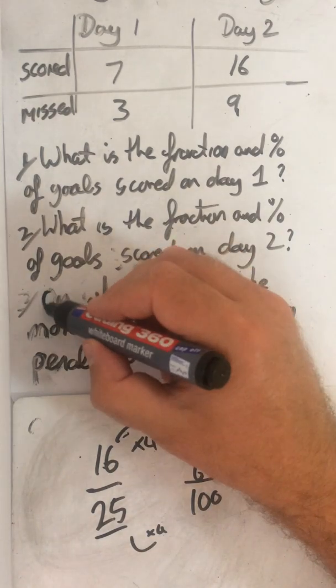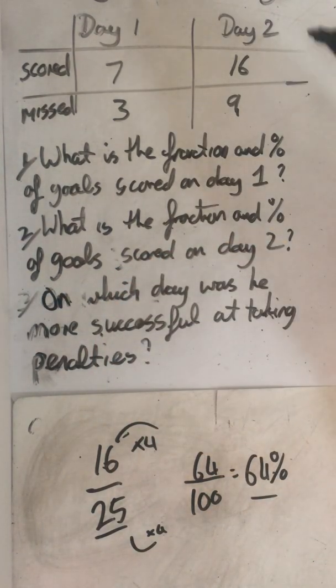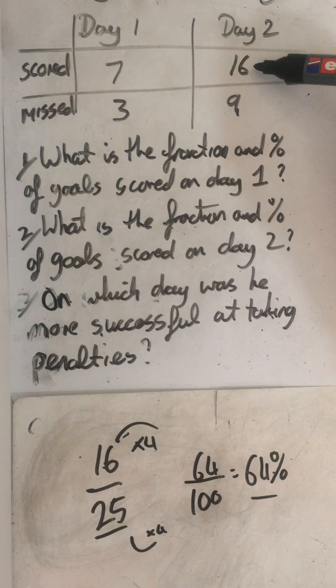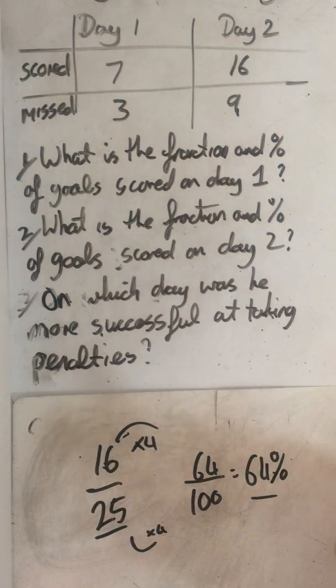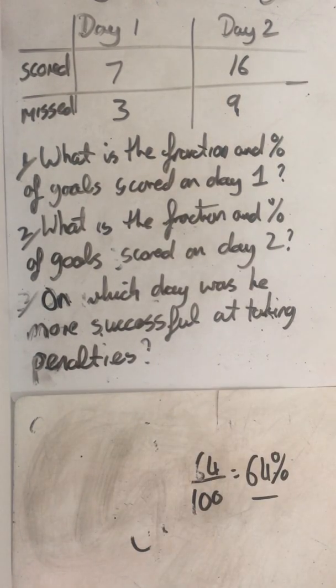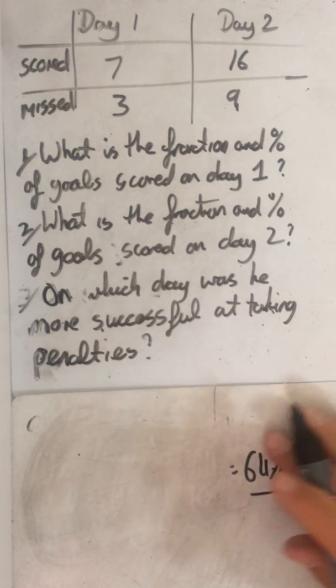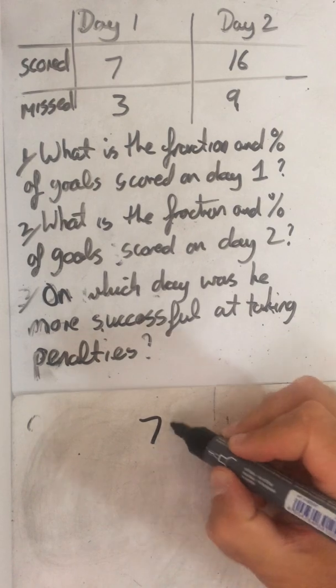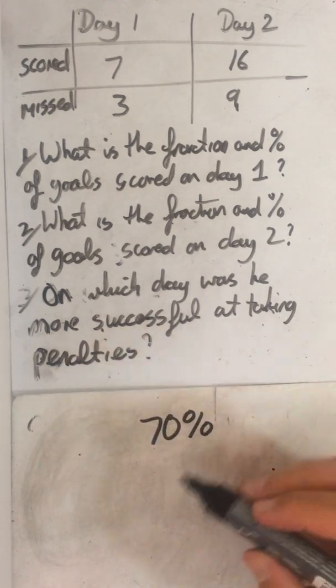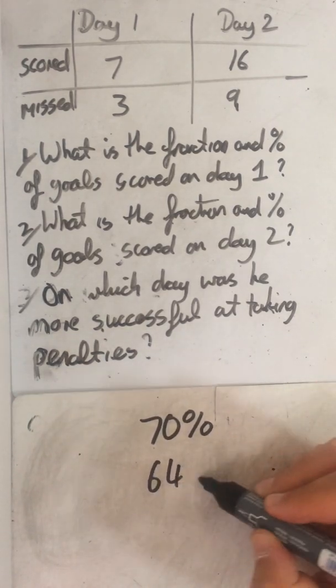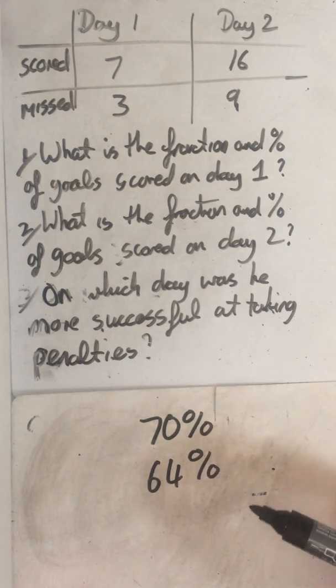On which day was he most successful? Now, he scored more goals, obviously, on day 2, but that doesn't mean he was most successful. What you want is his percentage success rate. On day 1, his percentage success rate was 70%. On day 2, it was 64%.